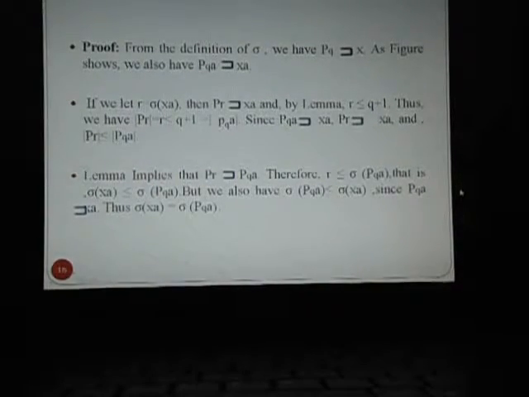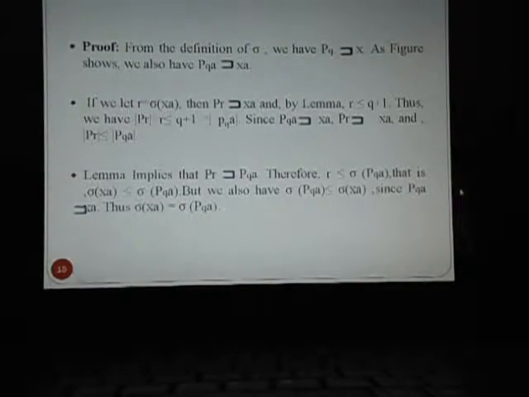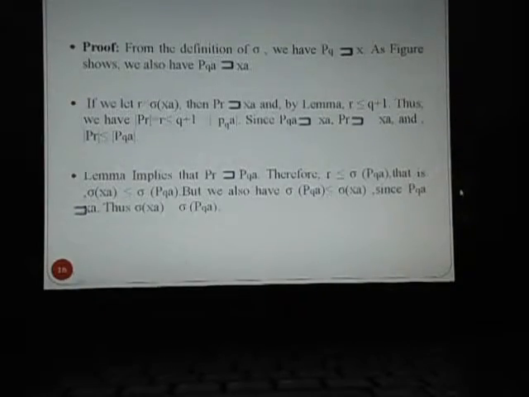We also have P_q a is a suffix of xa. If we let r equal to sigma of xa, then P_r is a suffix of xa, and by the above lemma, the suffix function inequality lemma, r is less than or equal to q plus 1. Thus the magnitude of P_r, which is r, is less than or equal to q plus 1, that is equal to the magnitude of P_q a.